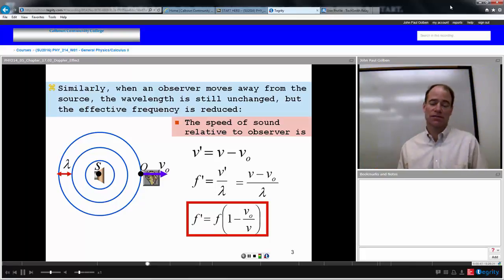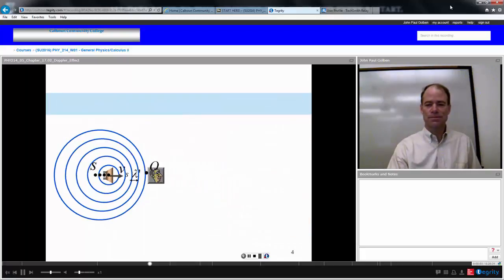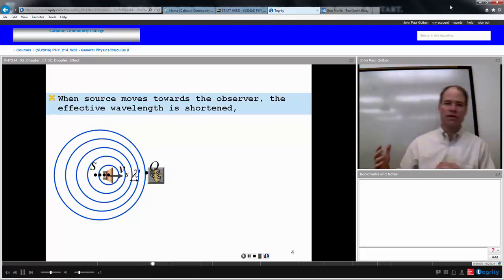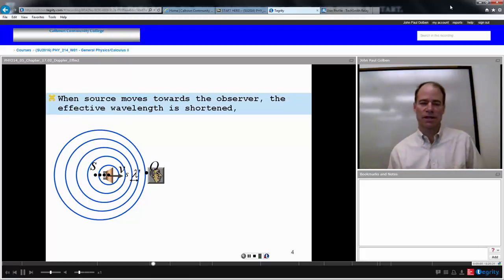And that could be significant. On a chromatic scale again, that could be a couple notes. So I can change the observed frequency just by moving towards the source at a relatively great speed or moving away from the source at a relatively great speed.